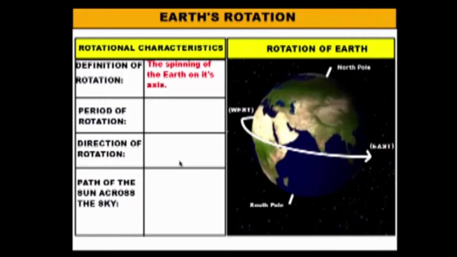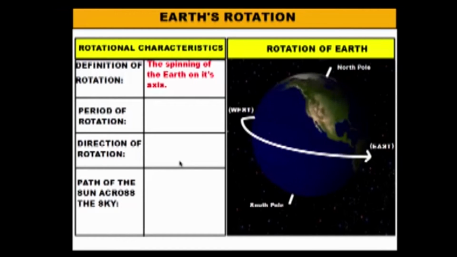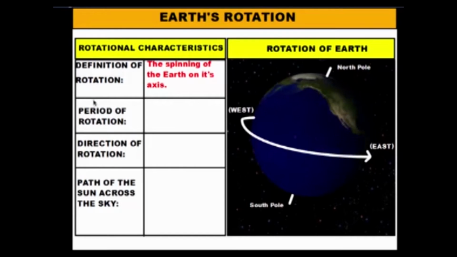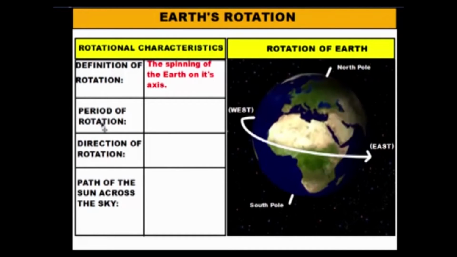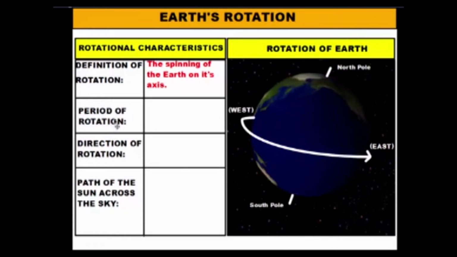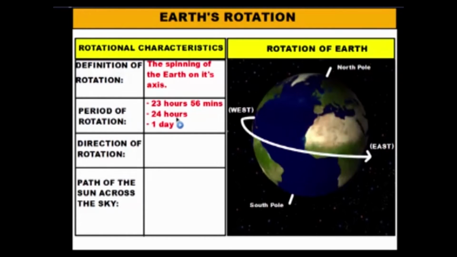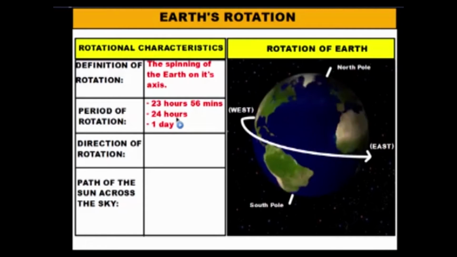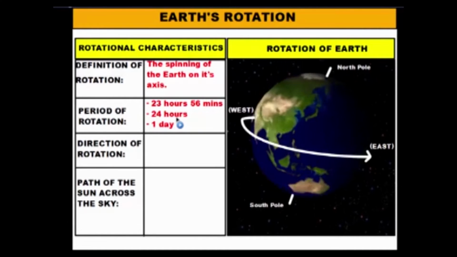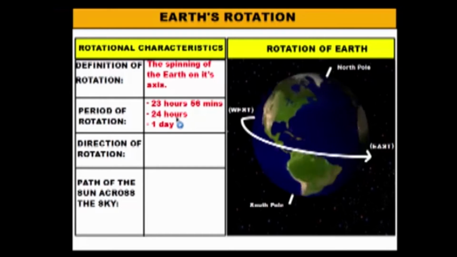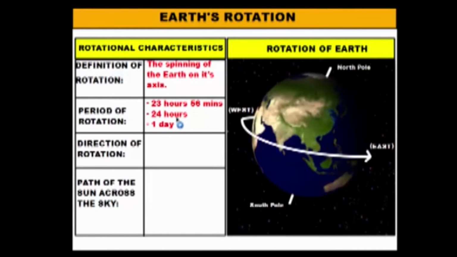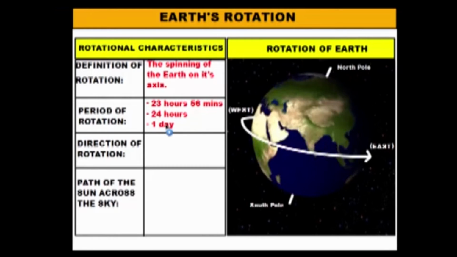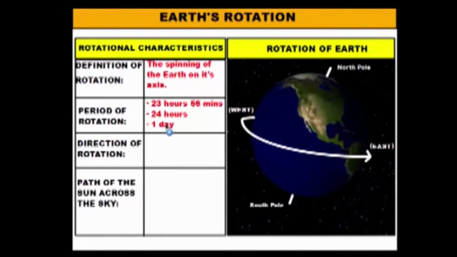All right, let's proceed with the period of rotation. If you're having difficulty remembering what period of rotation is, just remember that it works like a period of a regular class. Like you have a period for mathematics, English, Bahasa Indonesia, PKN, science, of course. For the Earth, there's also a period of rotation, and that would take 23 hours and 56 minutes.